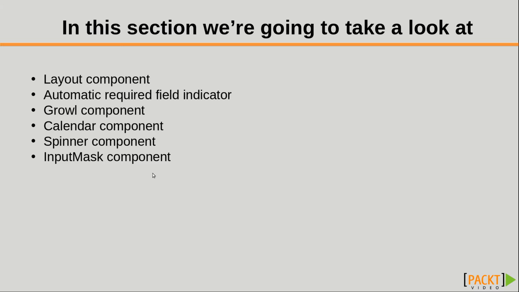Every JSF component library has a calendar component, and PrimeFaces is no exception. We'll take a look at it here. The spinner component makes it easy to input numeric values. And input mask is for showing or accepting input in a specific format.